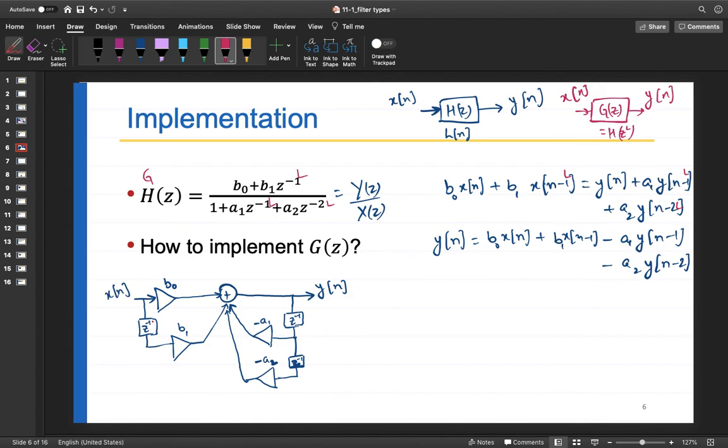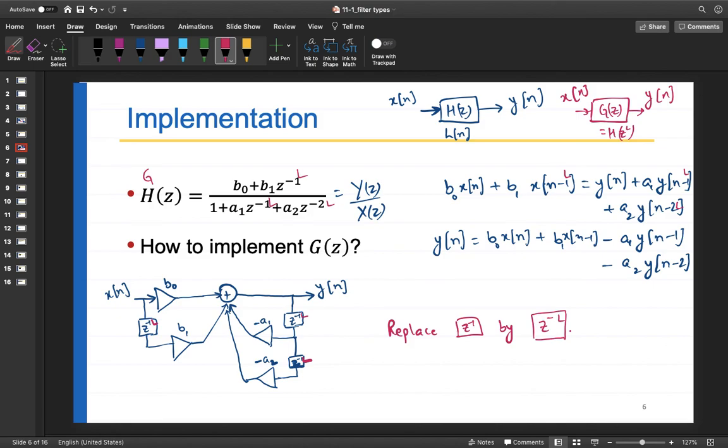So this becomes z to the power minus L each time. All my delay blocks I replace by z to the power minus L. So I increase the delay L times, I mean by L time indices.